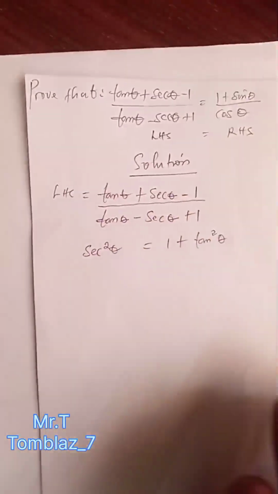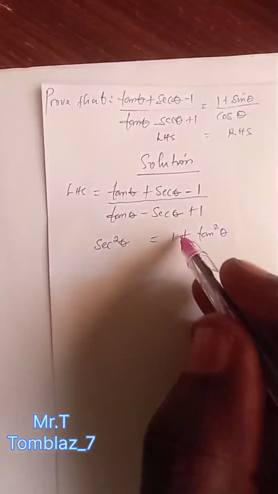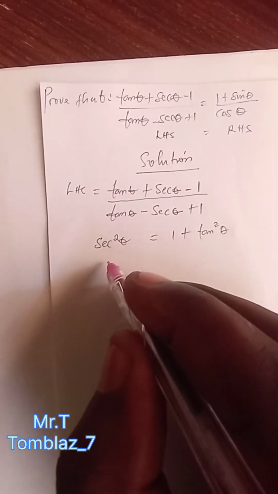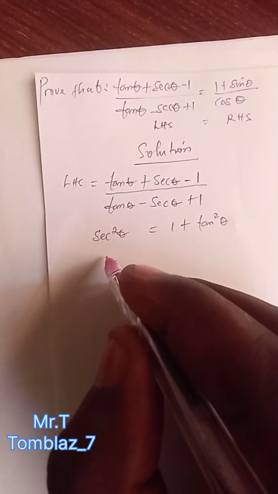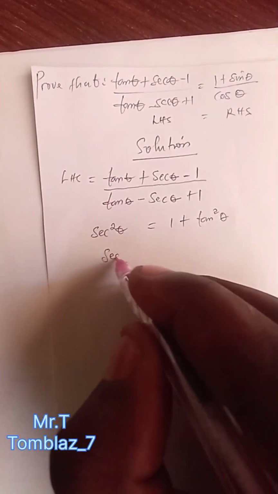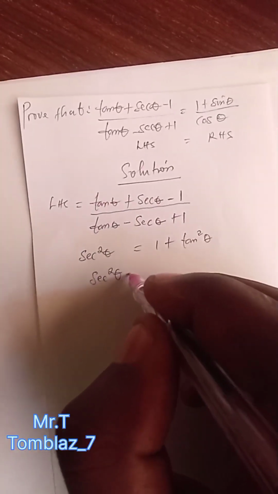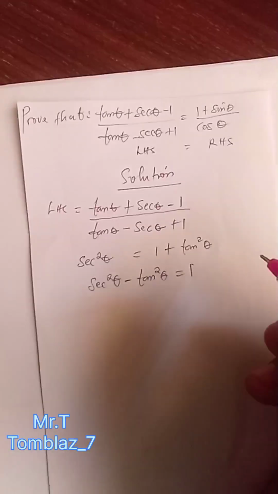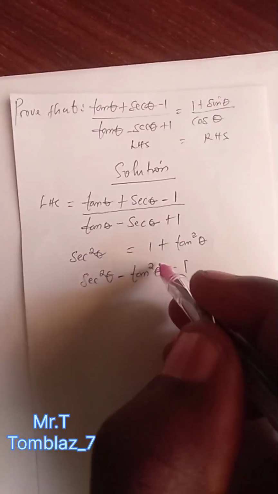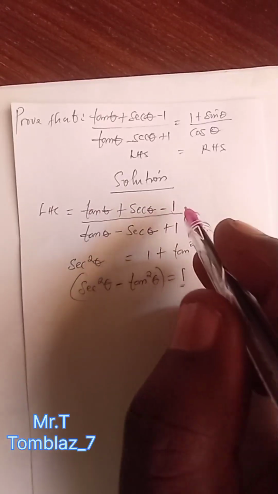If you remember that one. So if I make 1 the subject of the formula, I'll have sec square theta minus tan square theta is equal to 1, right?